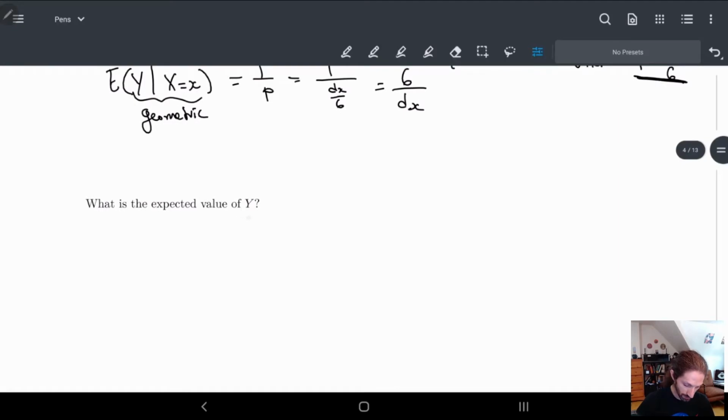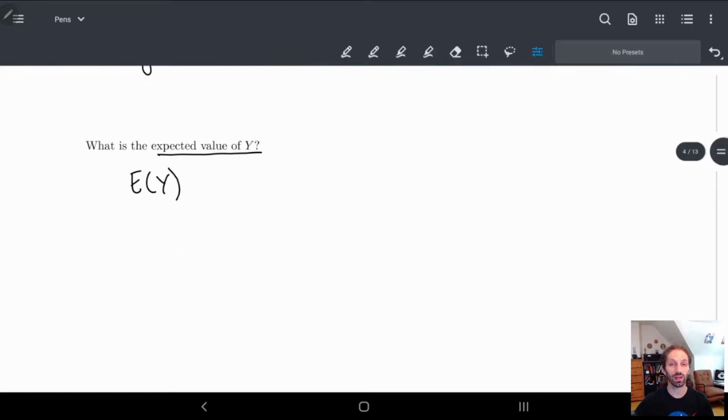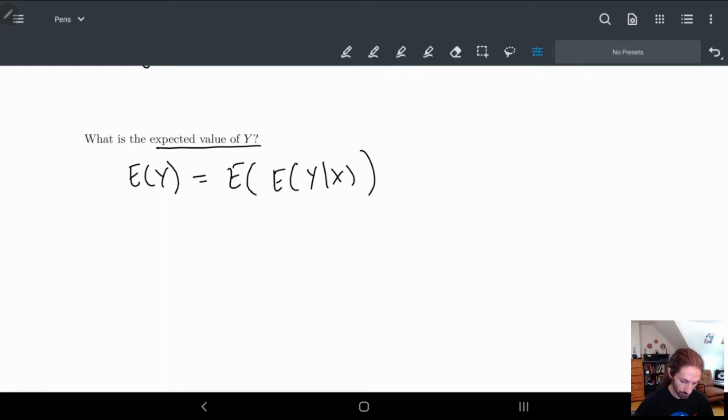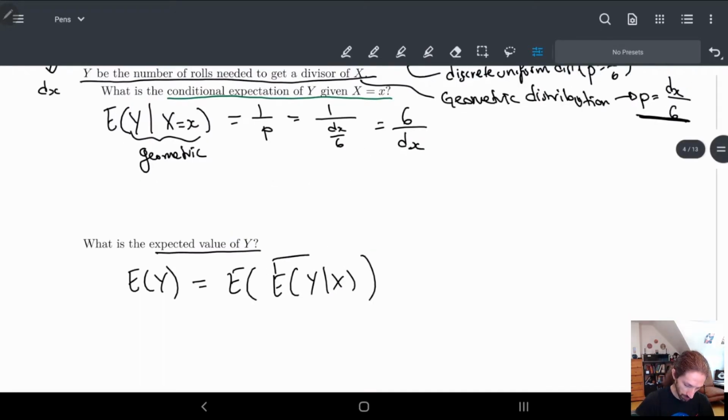So how about the expected value of y? This is a little more complicated, but remember that y itself is dependent on x, so it might be good to use the law of total expectation. So we end up with this. Now this part we already kind of know. This is going to come from here.